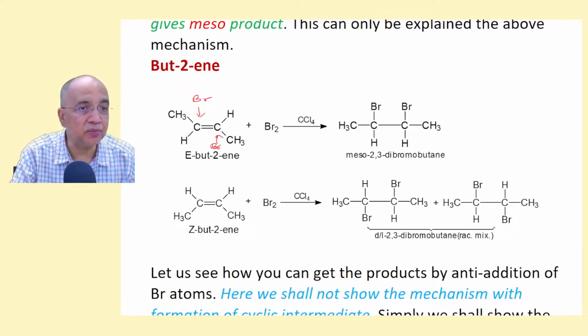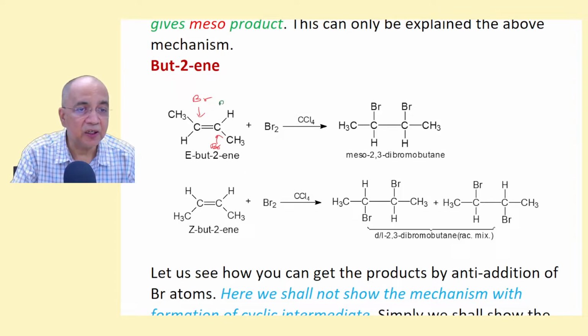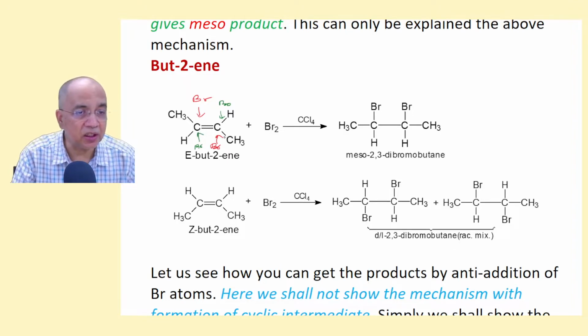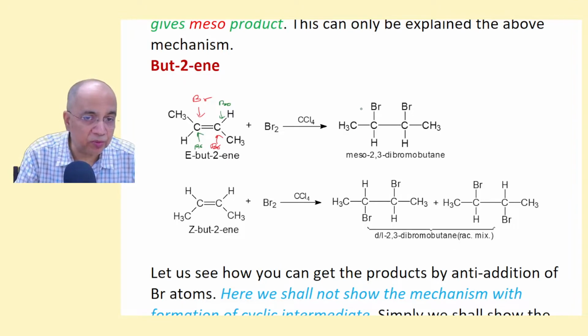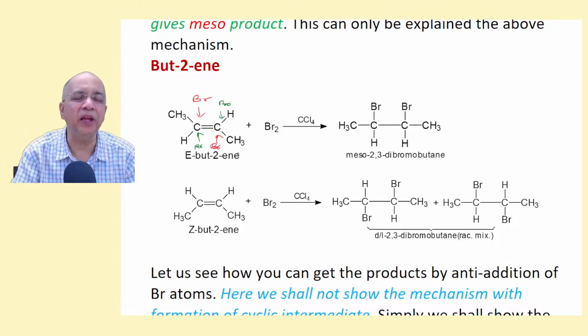And the other possibility is this. But fortunately, since bromine is trans, methyl trans, hydrogen trans, it is nothing but a meso product. You can rotate it 180 degrees, and you can visualize a plane of symmetry.